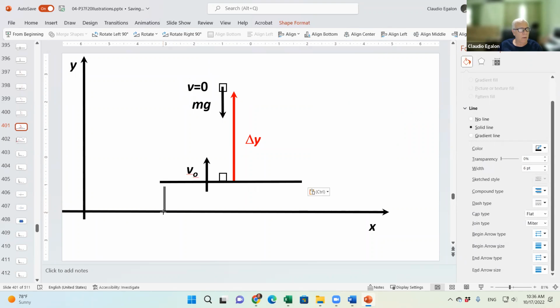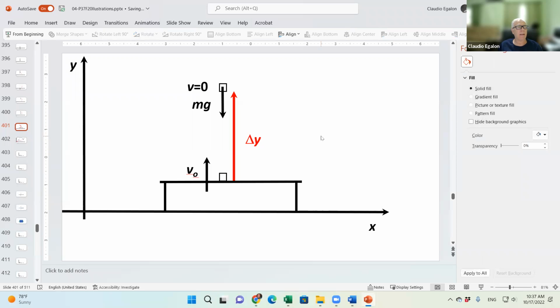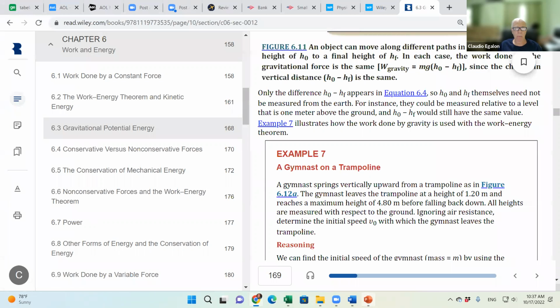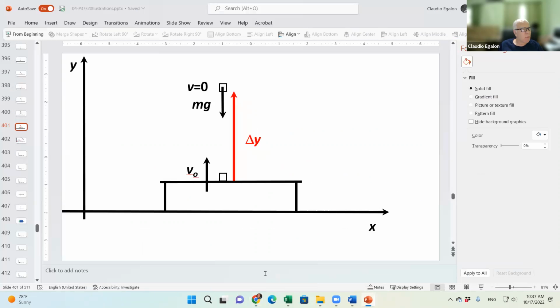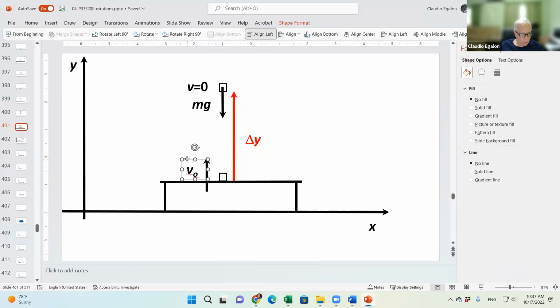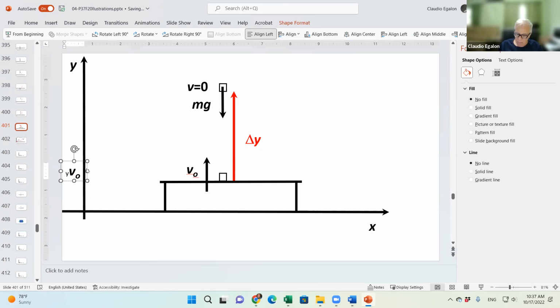So just drawing the trampoline, like that. That's the situation. Here's 4.8 meters, here's 1.2 meters, right?